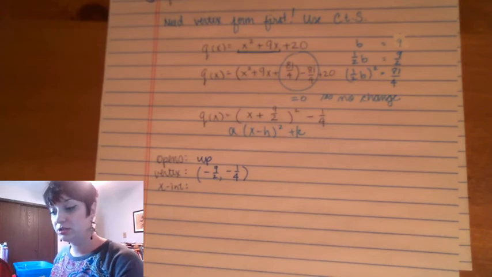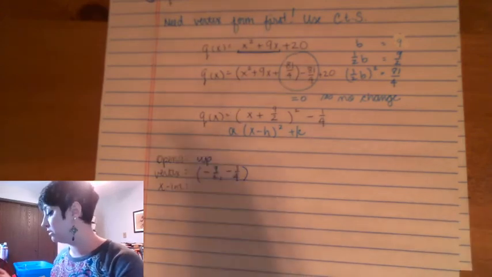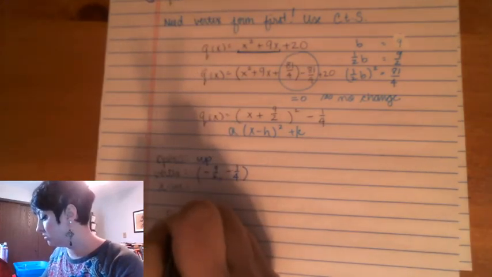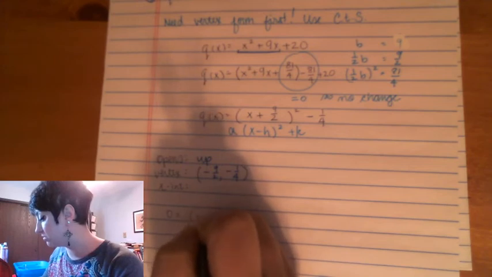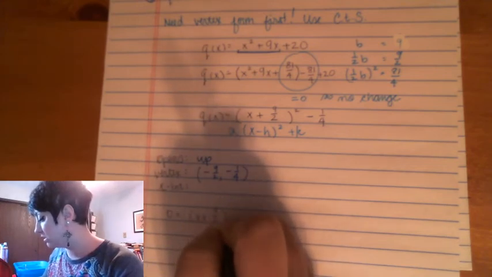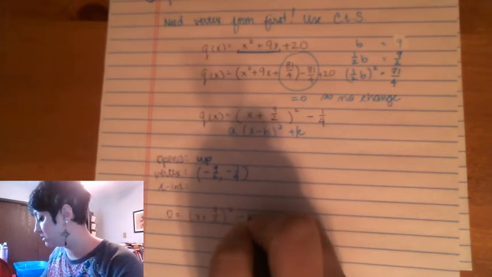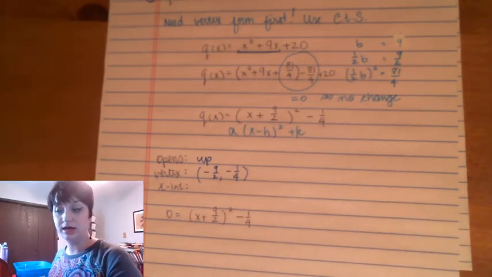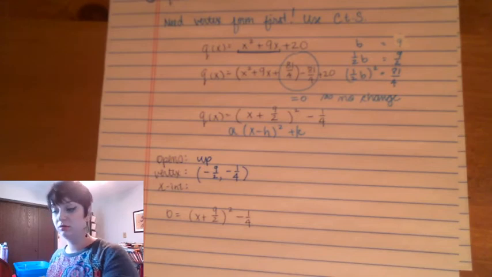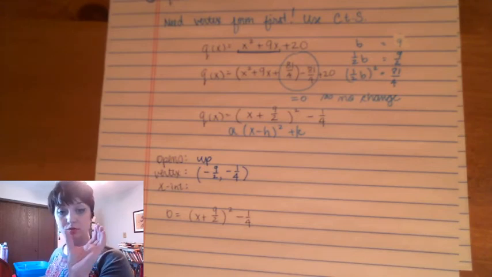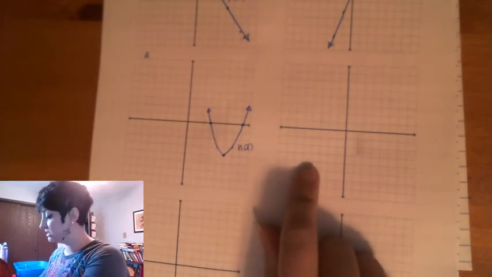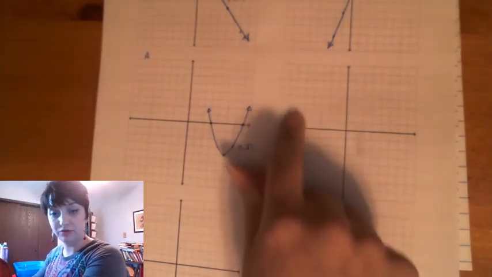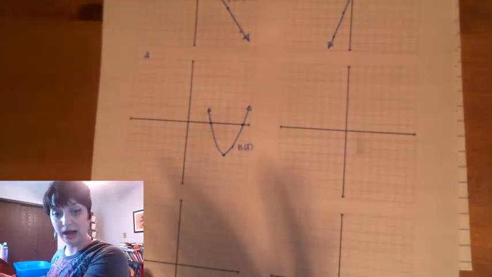My x-intercepts, I'm going to set the function to 0. So 0 equals x plus 9 over 2 quantity squared minus 1/4. Now this vertex is down in the third quadrant, and the parabola opens up. So it is going to have to cross the axis again, so it does have x-intercepts.